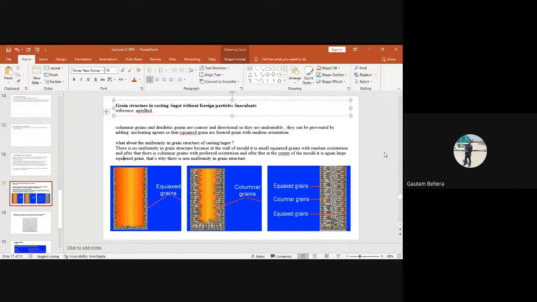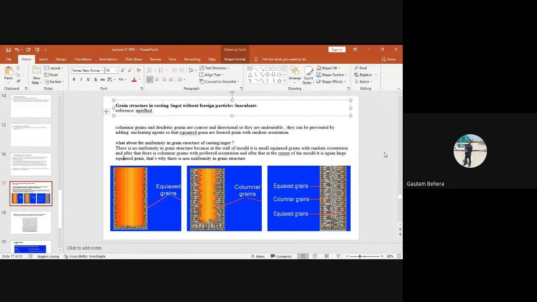Always heterogeneous nucleation happens, because nucleation always starts at the mold wall, or it will start if some solid particles are present as an impurity or alloying elements, because the energy requirement for heterogeneous nucleation is less. When a new surface has to form, if the surface energy is less, then obviously the surface will grow or form easily.